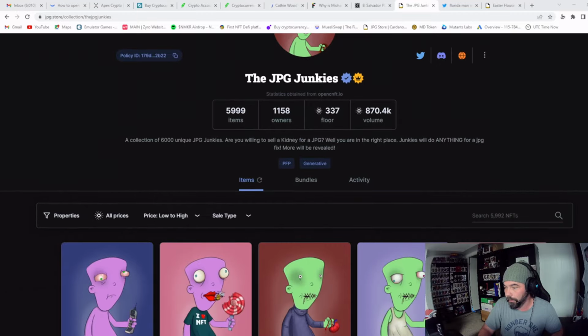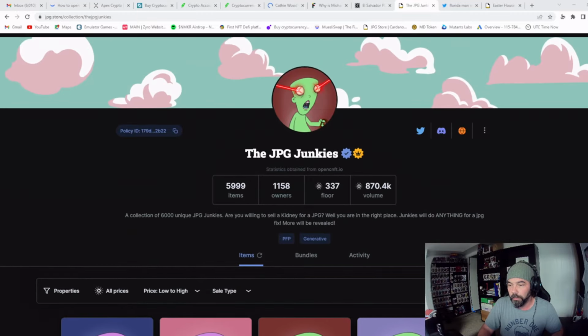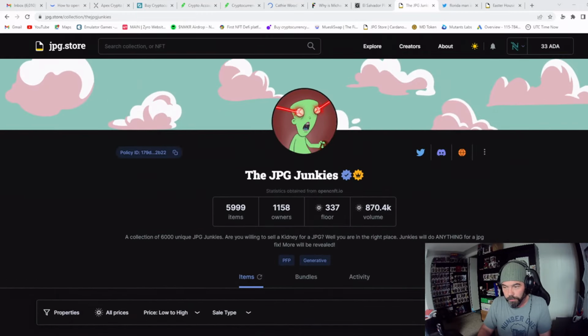And plus, if you get into JPEG Junkies, in the month of November they announced that they're going to be airdropping the profits from the secondary market to your wallets, and it's going to be C3 token and I think they might be dropping ADA too. Double check.